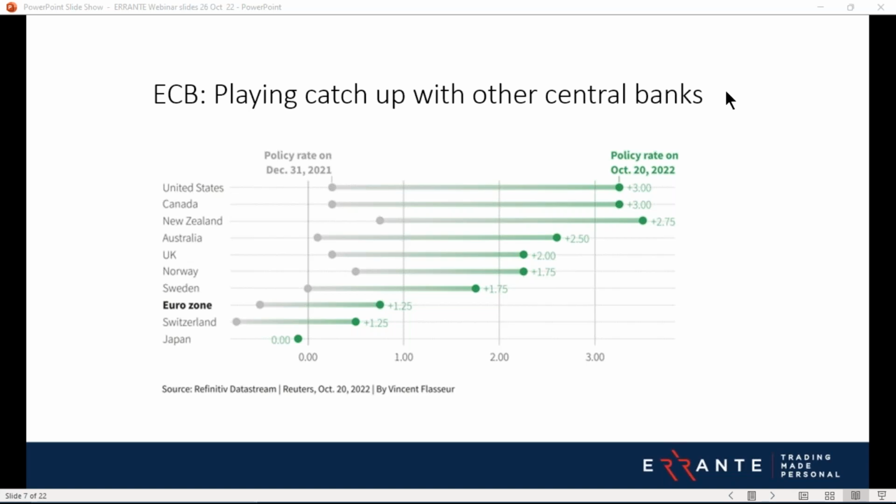And then also any references potentially to this neutral rate, which is deemed around 2%, and potentially a terminal rate, a peak rate. Any chatter around that by President Lagarde will be key for markets going forward. Markets see that peak rate around 3% by the middle of next year.